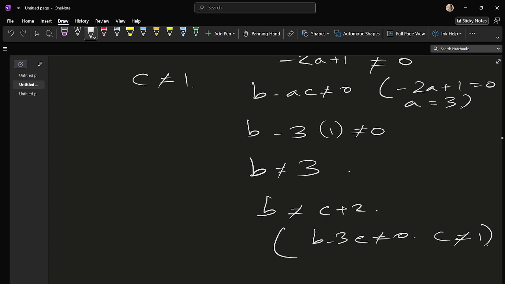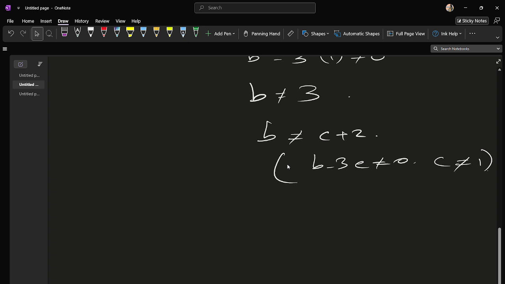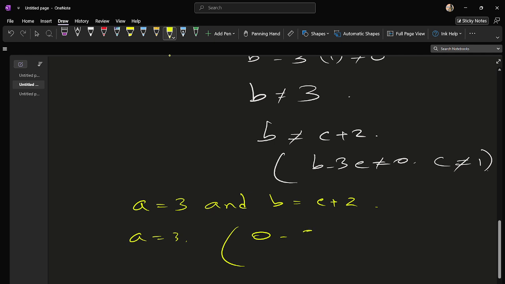However, when we carefully examine the condition, we realize the correct condition for inconsistency is a equals 3 and b equals c plus 2. This is because when a equals 3, the last row becomes 0, 0, 0 with entry b minus 3c minus 2.